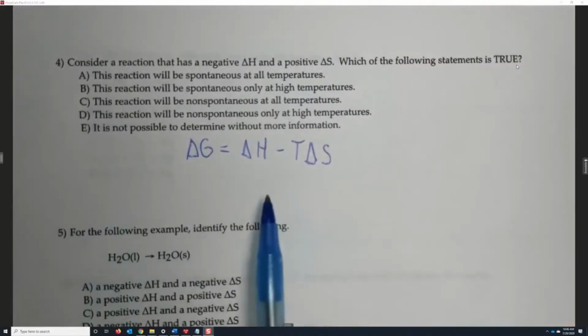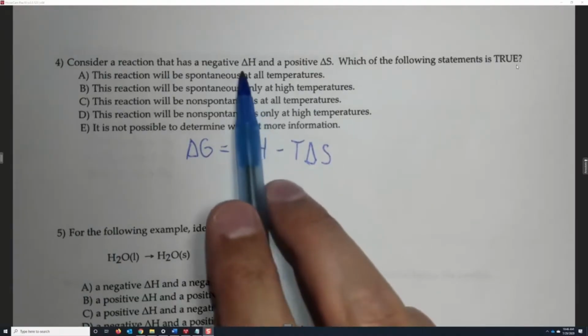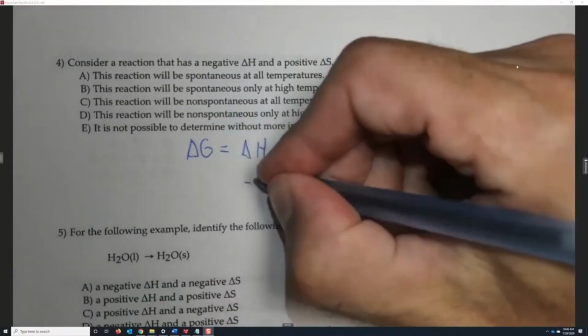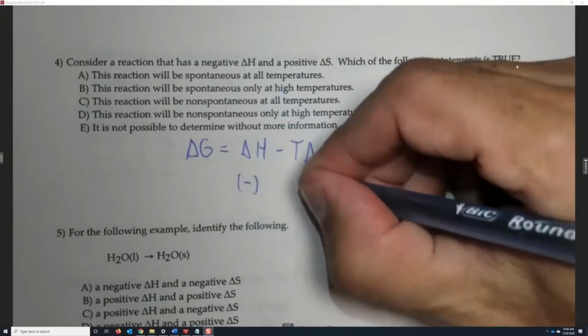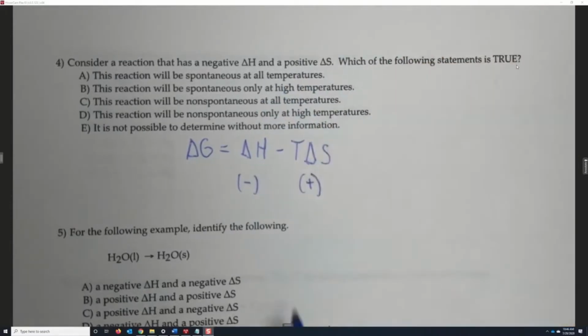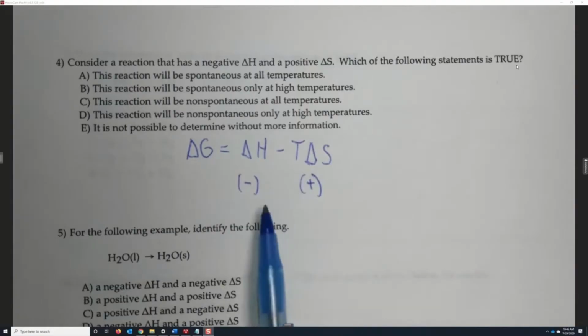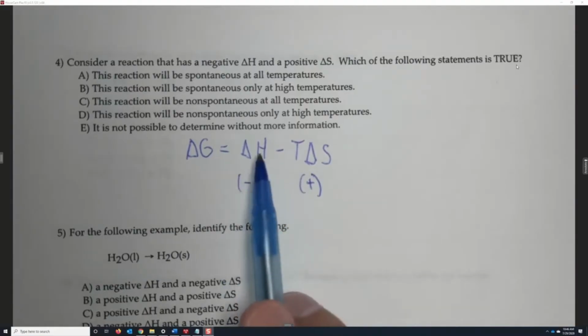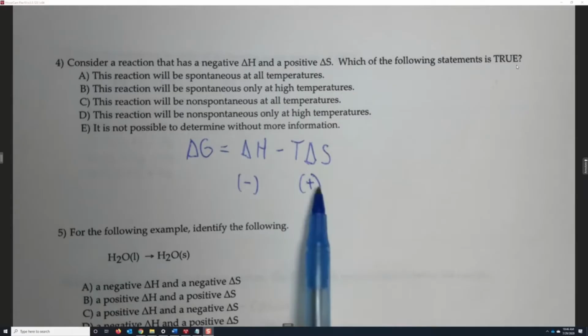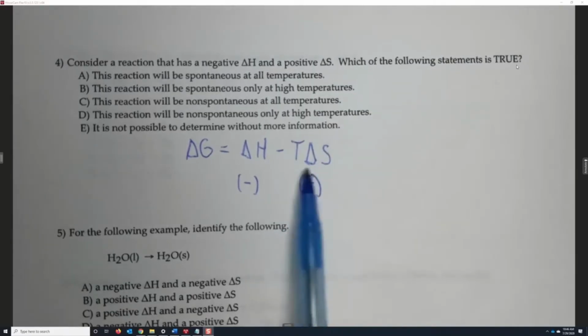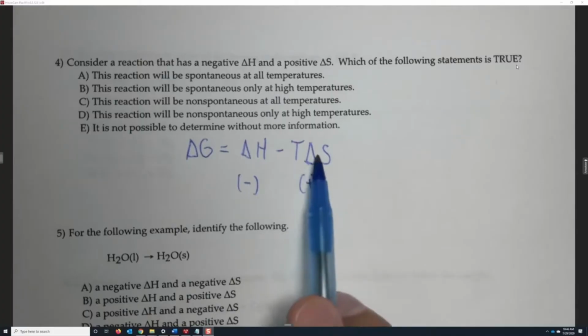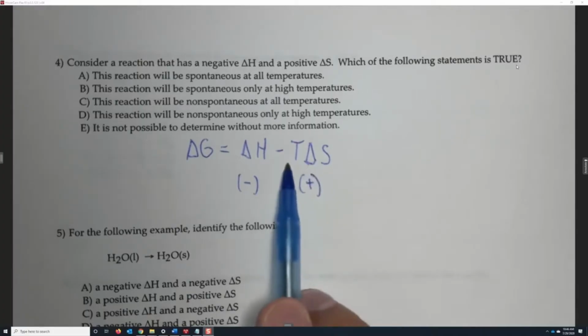So if we look at this, we're told that delta H is a negative value, and that delta S is a positive value. So in this case, we're going to have a negative minus something, because this is going to be overall positive. It's not going to be plus something. Why? Because delta S is positive, and this is absolute temperature.